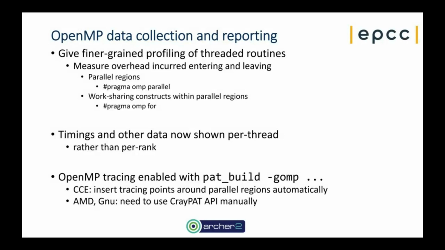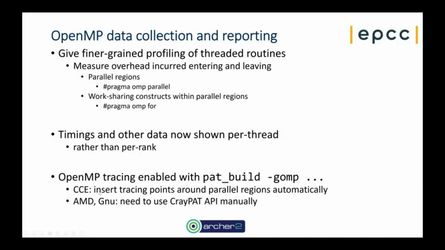Okay, CrayPat also has functionality built in for OpenMP to collect information and profile data on your OpenMP regions. So you can be shown data per thread rather than per process. You can even do OpenMP tracing by adding an extra flag when you do the CrayPat build.